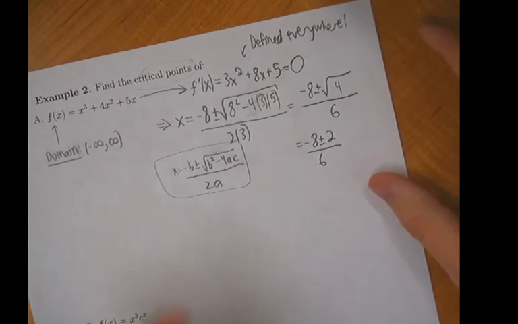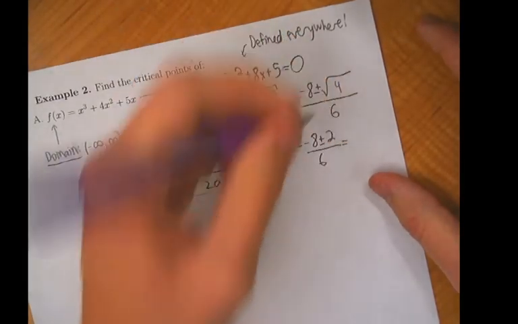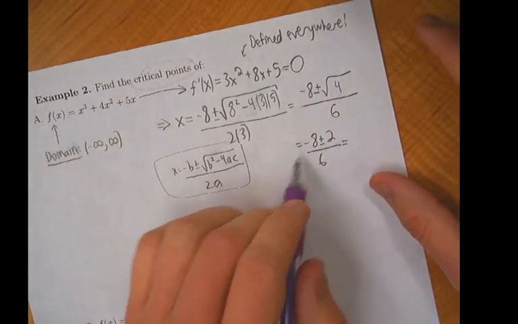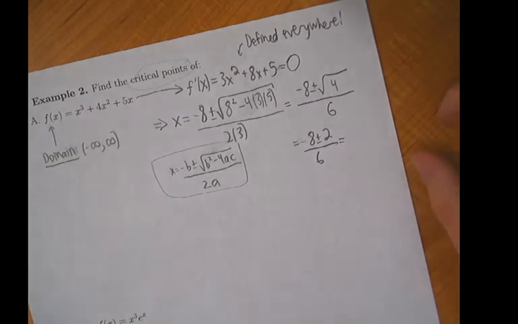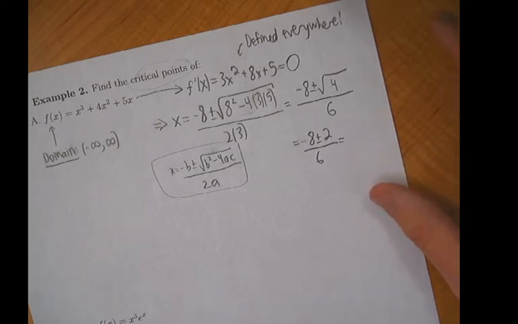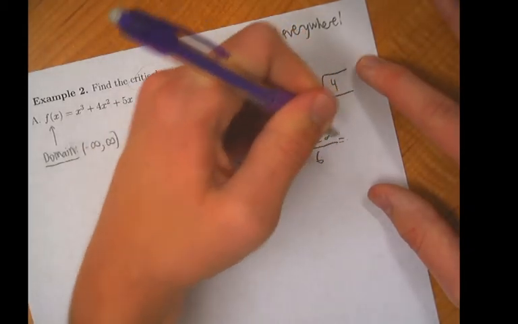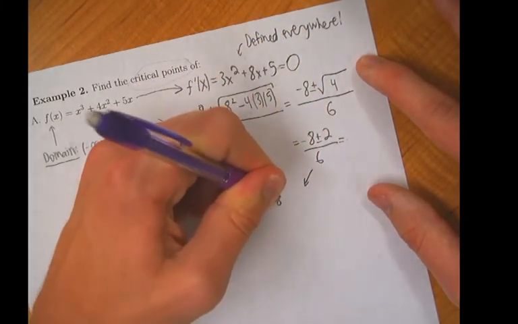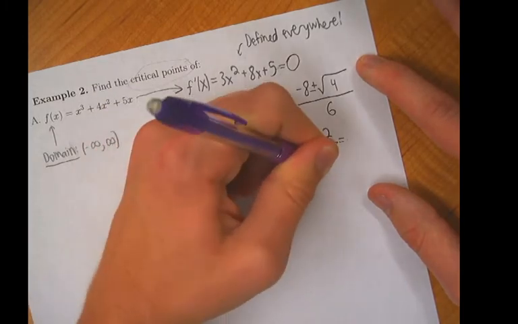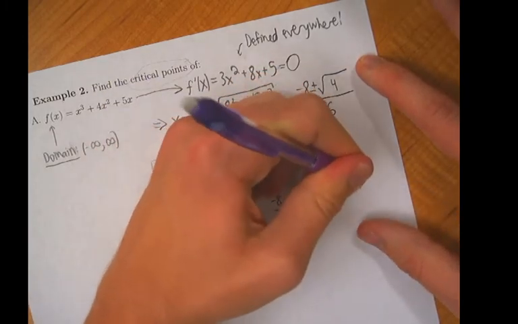Okay, and then that should tell you that your two solutions to this quadratic should then be what? Negative 1 and negative 5 thirds. Exactly. Because in this case you have negative 8 minus 2 over 6, and then negative 8 plus 2 over 6.